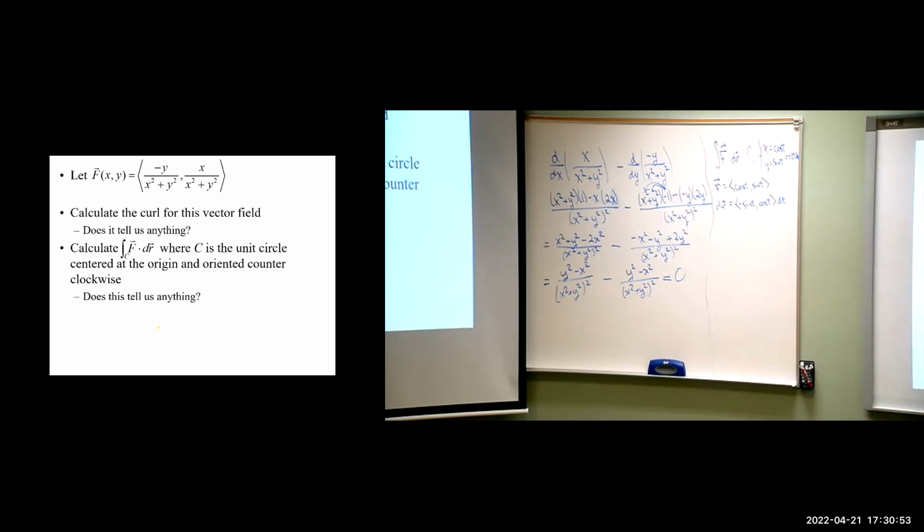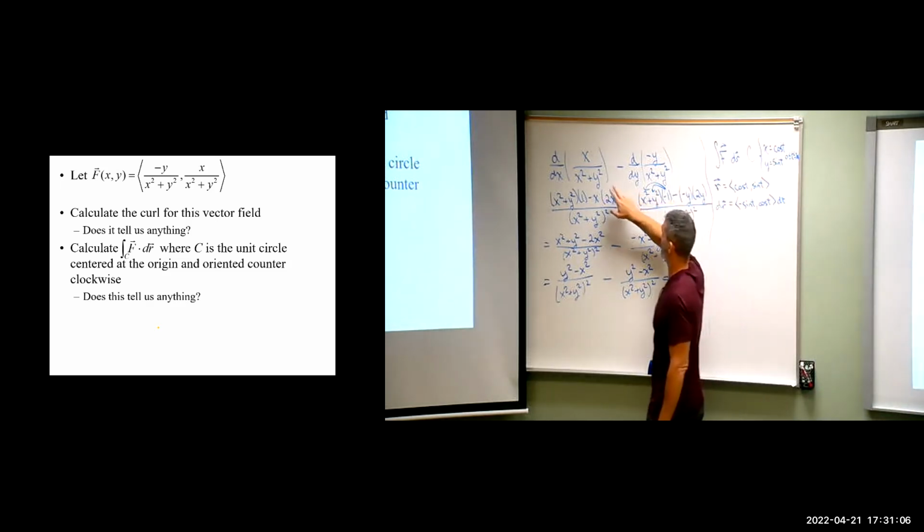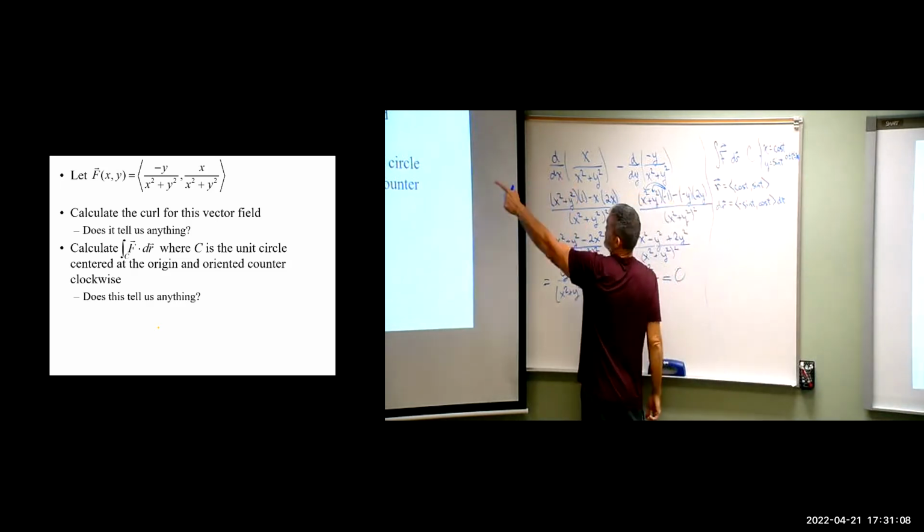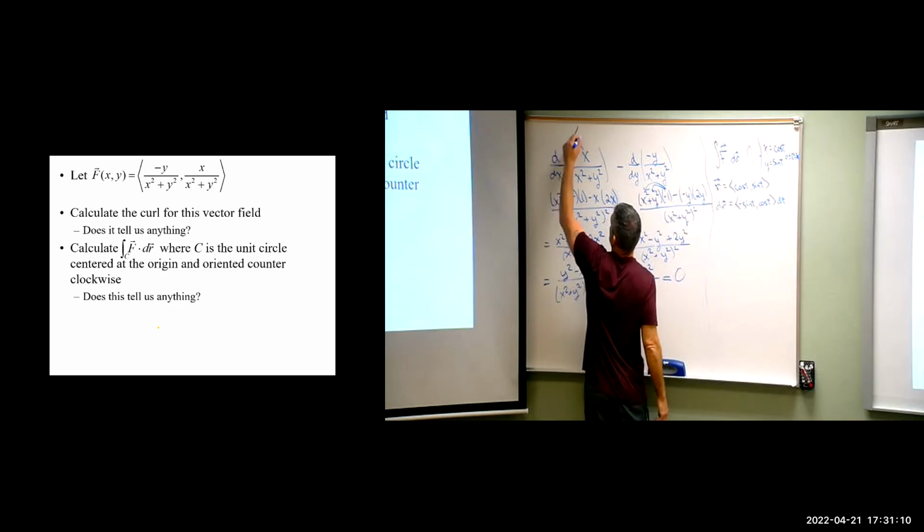Now the other thing we'll do, and I didn't leave myself a whole lot of room to do this, so bear with me. Remember what happens next. For x and y, we plug in cosine and sine into our vector field. And our vector field is the one that's on the slide. So I'm going to plug it in over here because I do want you to see what happens.